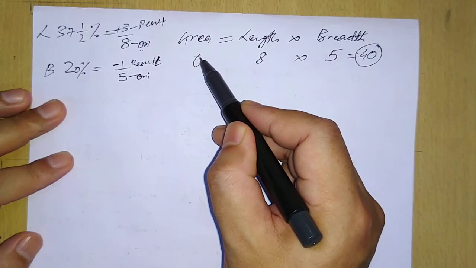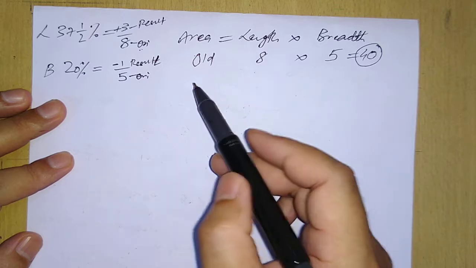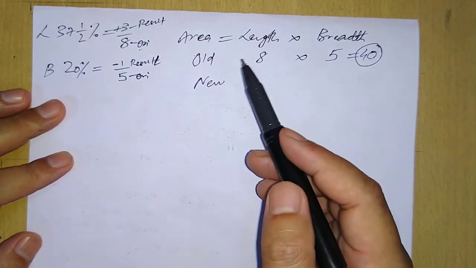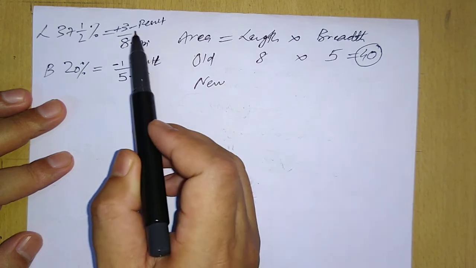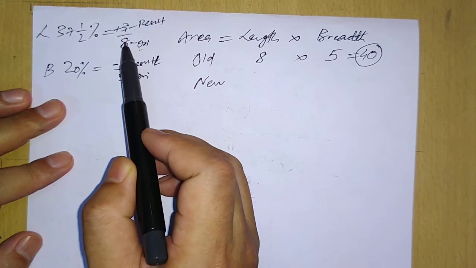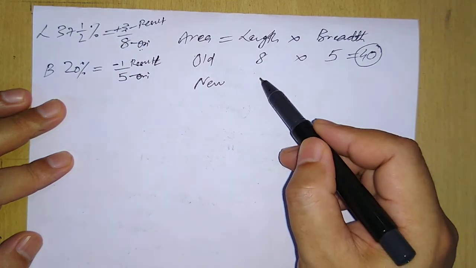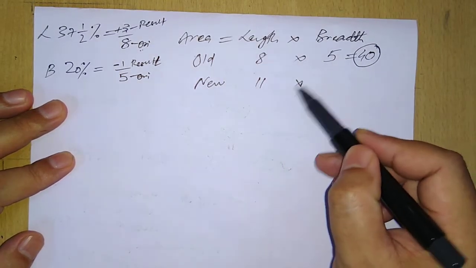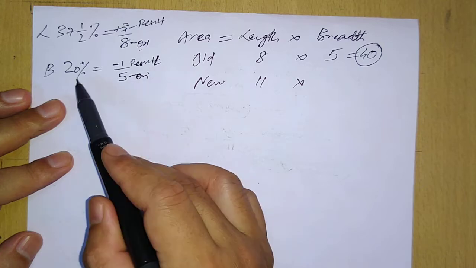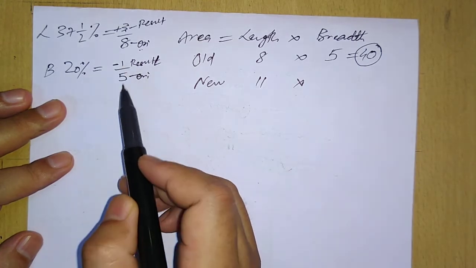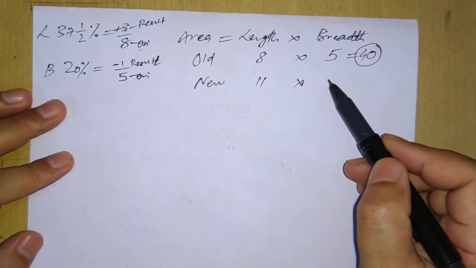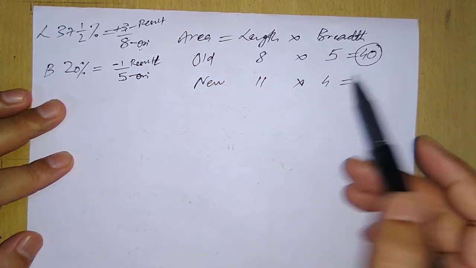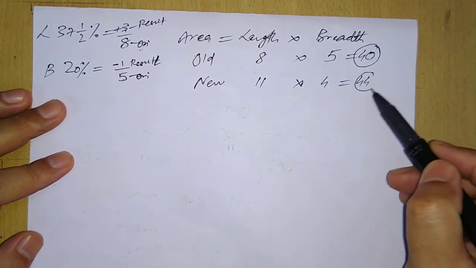This is old. Now after change, what happened? The length of the rectangle is increased by 3, so 8 plus 3 is 11. And the breadth is decreased by 20%, so decreased by 1, so 5 minus 1 is 4. So our new area will be 11 into 4, 44.